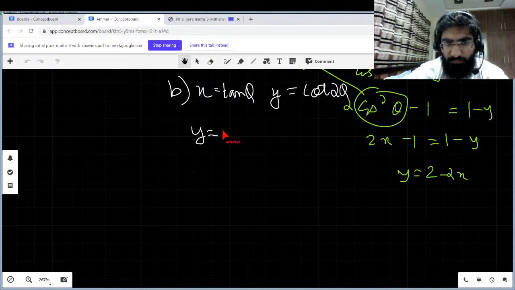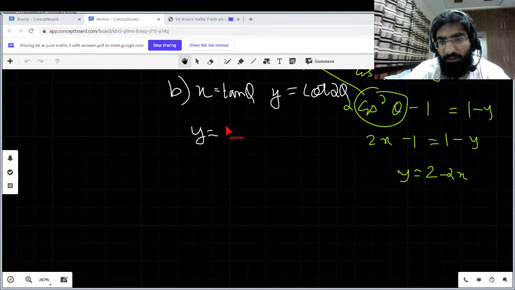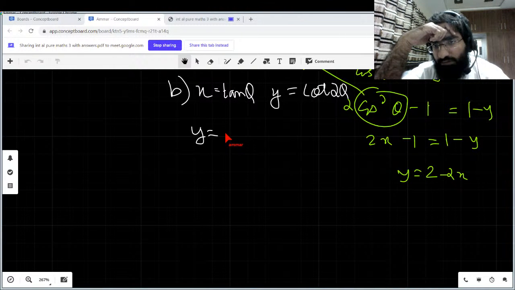So what's the formula for tan? You'll have to do the double angle formula. So tan 2 theta, yes, the double angle formula is 2 tan theta over 1 minus tan squared theta.